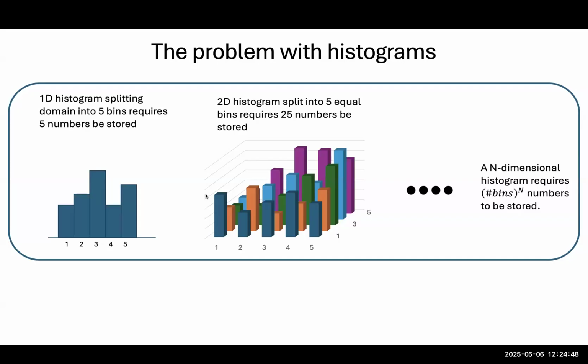3 dimensions, 125; 4 dimensions, 625; etc. So an n-dimensional histogram requires the number of bins to the power of n numbers to be stored.